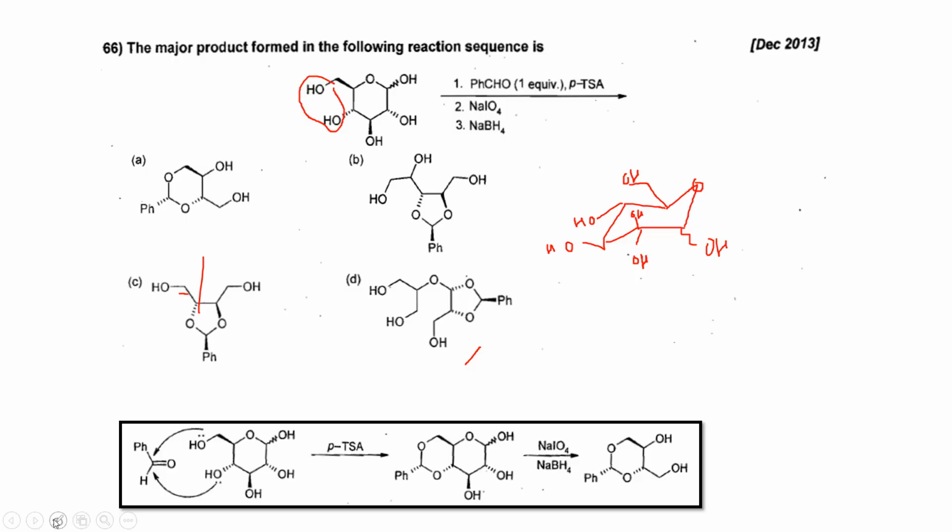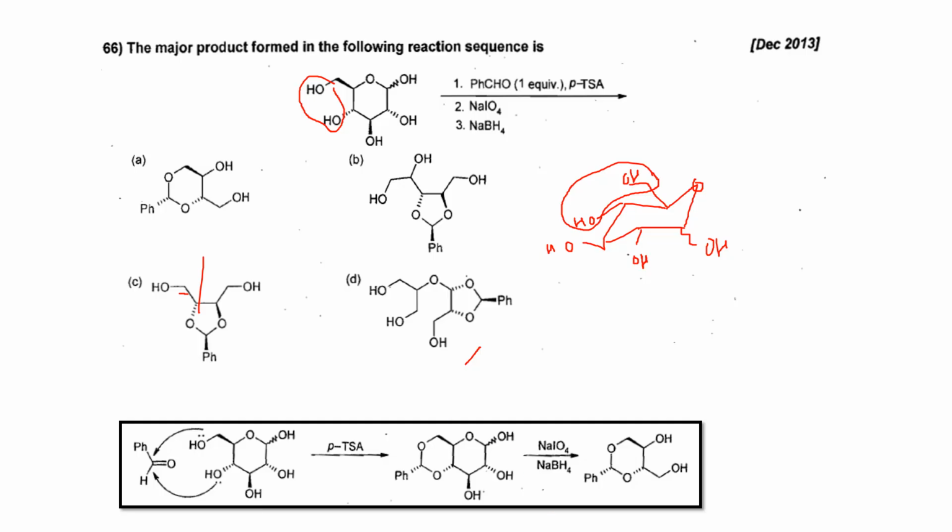That is possible if you use these two OH. But if it was a ketone, it will always prefer the formation of a 5-member ring.